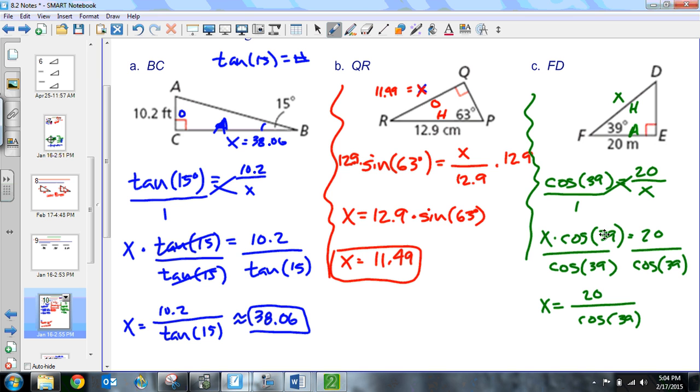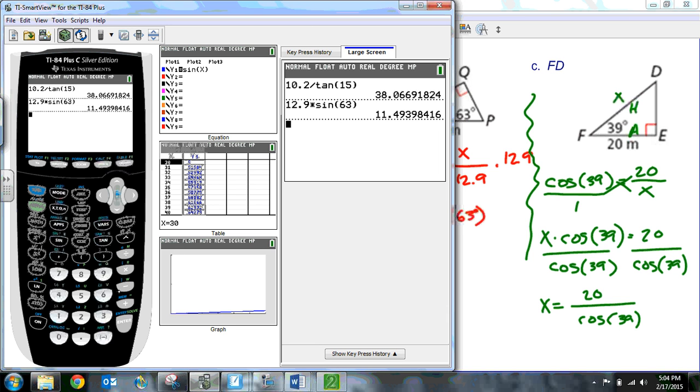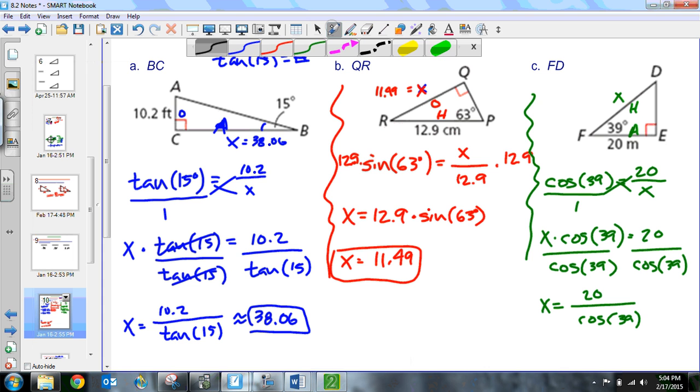Now, guys, I'm operating with cosine of 39 just like I would any other number, because that's what it is. So now let me come to our calculator real quick. Let me do 20 divided by cosine of 39 degrees, and let me hit enter, and we get about 25.74.